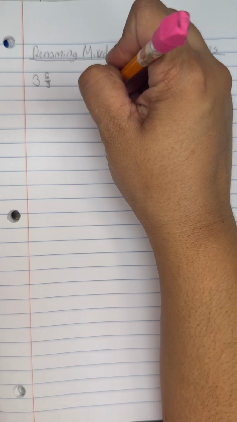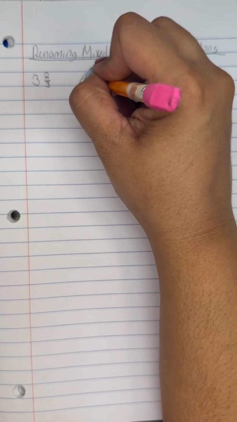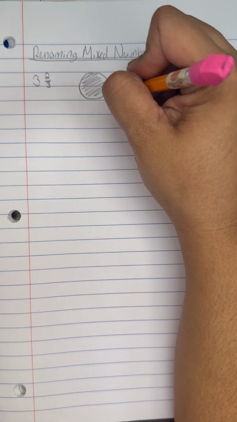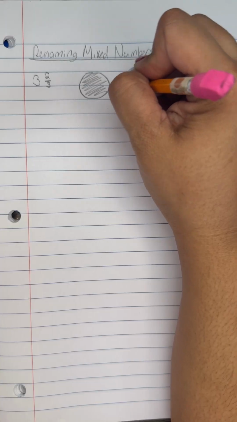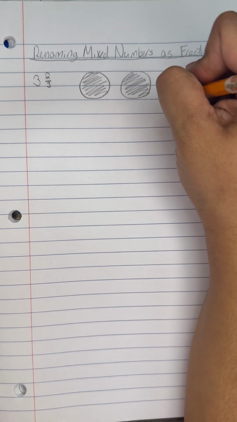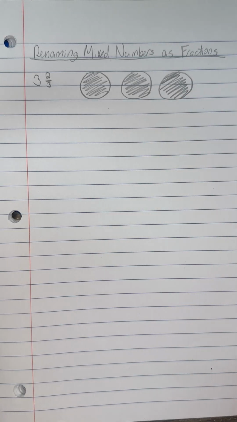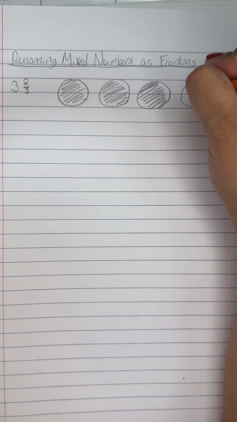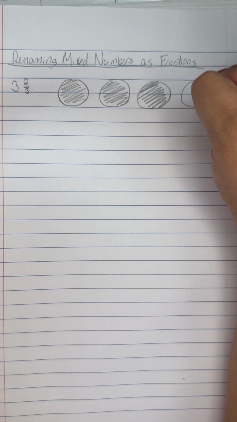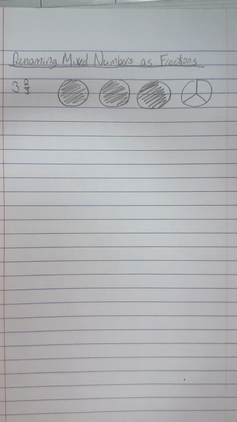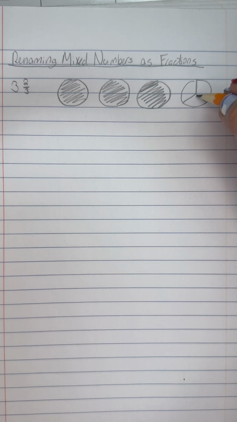So I have 3 wholes, 1, 2, 3 wholes, and then I'm going to have 2/3. So I draw another whole, I break it into thirds, it's a peace sign, or I like to think of it as a stick figure with the legs.